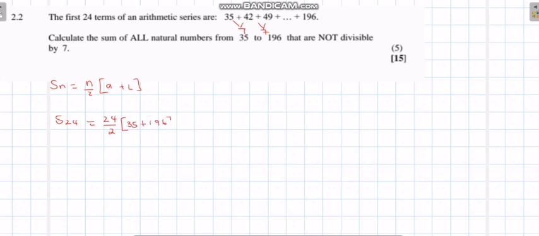We'll punch it on the calculator. So our answer is 2772.